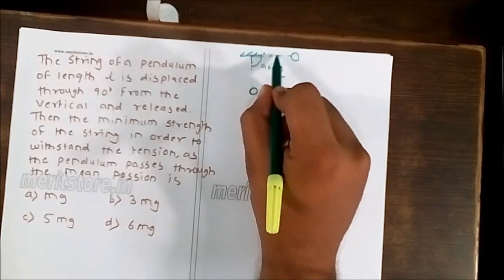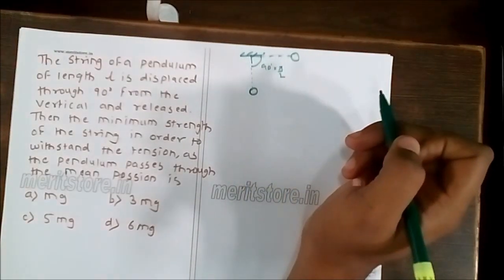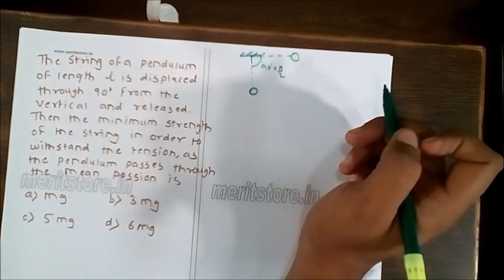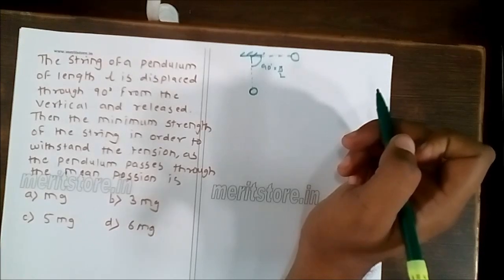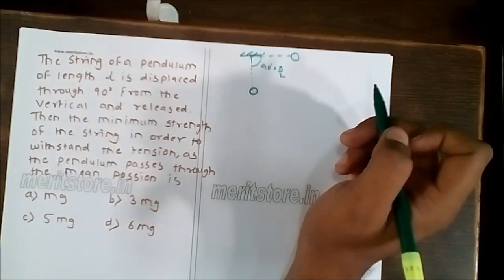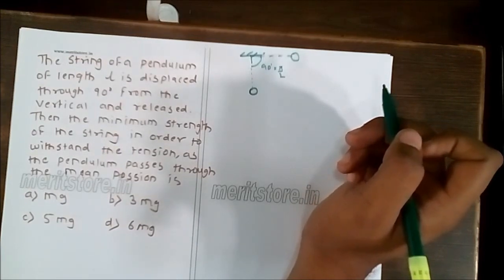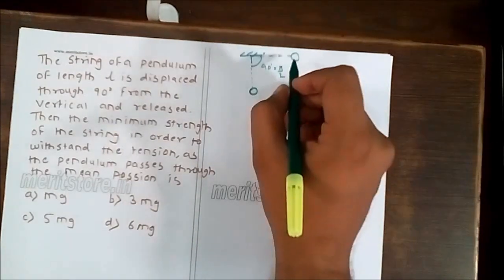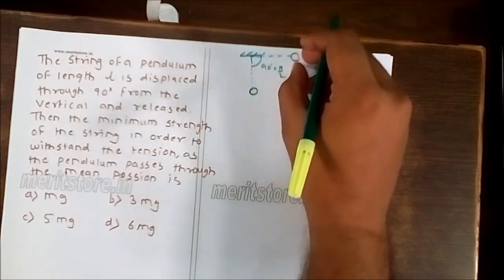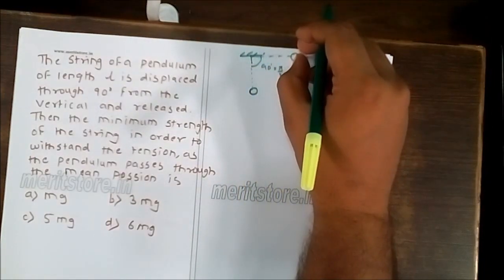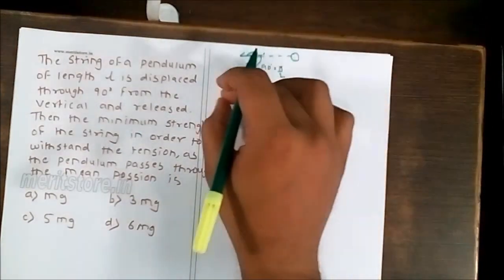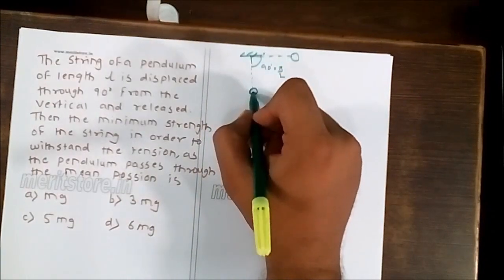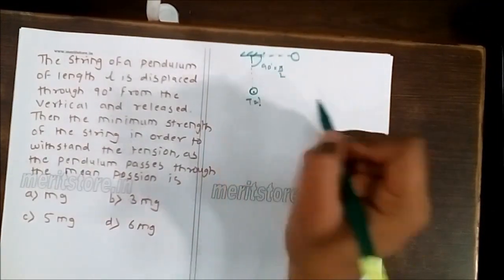So here we require the tension when it passes through the mean position. The minimum strength of the string in order to withstand the tension as the pendulum passes through the mean position. Okay, so the pendulum has been displaced to 90 degree and then it has been released, and when it reaches this point we require tension.